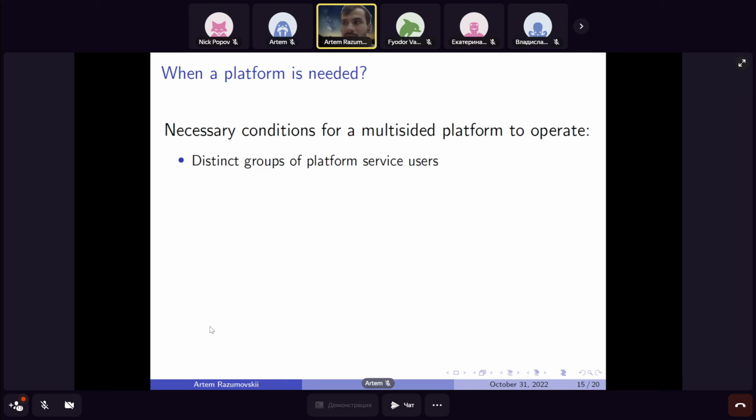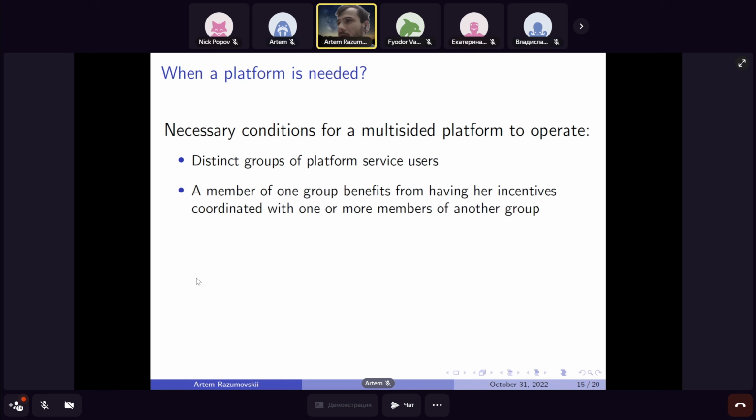Because if it's just one group, then we come back to one-sided platforms, and that you will probably discuss during the principles of digital economy course, and we will actually consider one example as well.